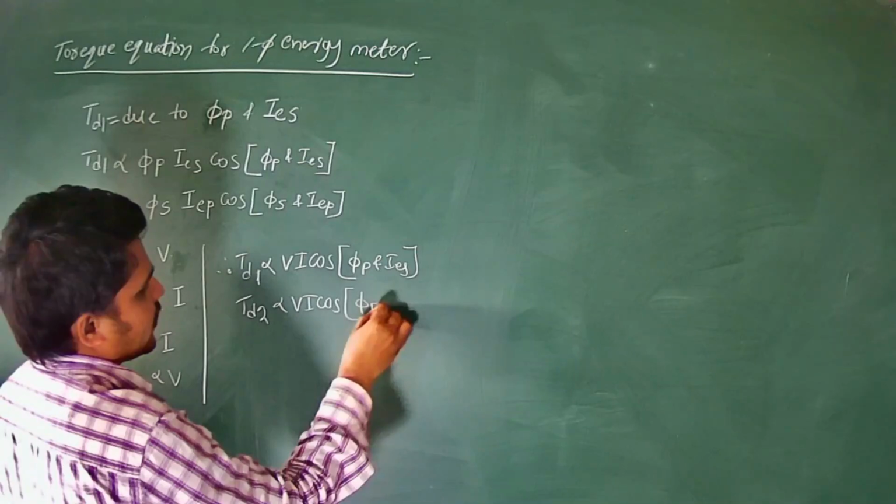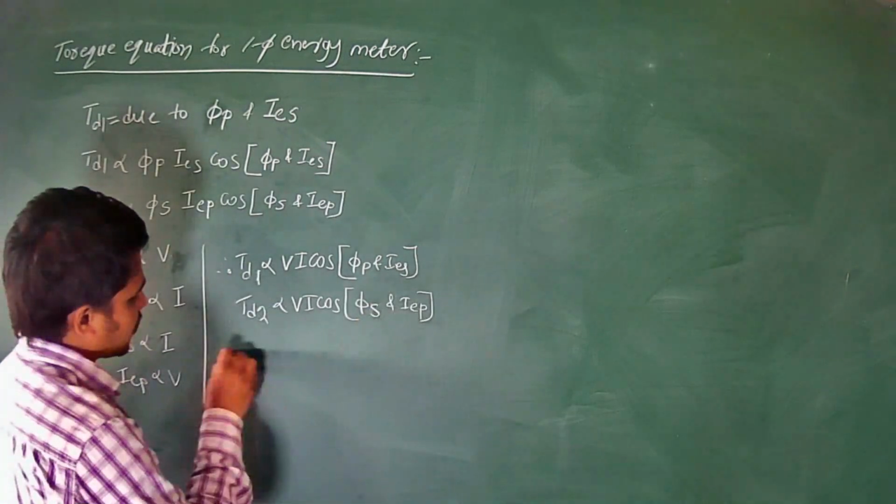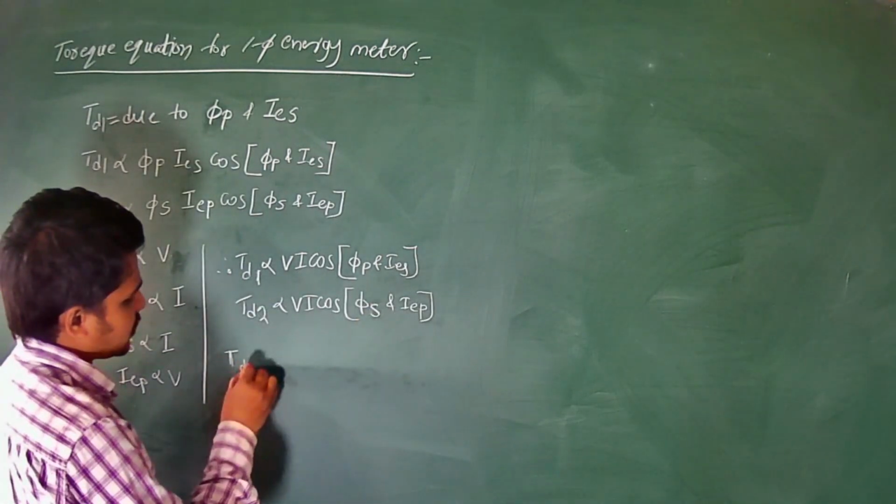So the resultant driving torque is equal to the difference of TD1 and TD2.